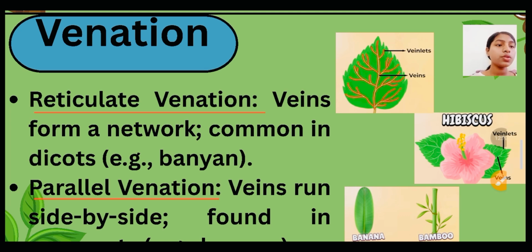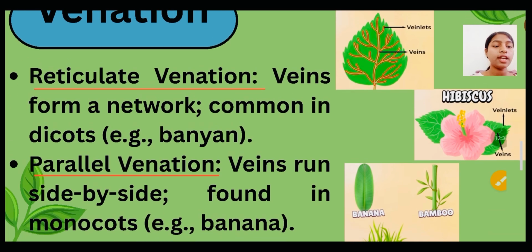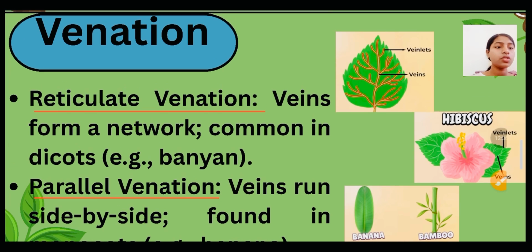As you can see in the pictures, in reticulate venation, veins form a network, common in dicots like banyan, and parallel venation, where veins run side by side, is found in monocots like banana tree. In the pictures, hibiscus and others, as you can see, are examples of reticulate venation. In a leaf, you can easily find out which one is reticulate venation and which is parallel venation.